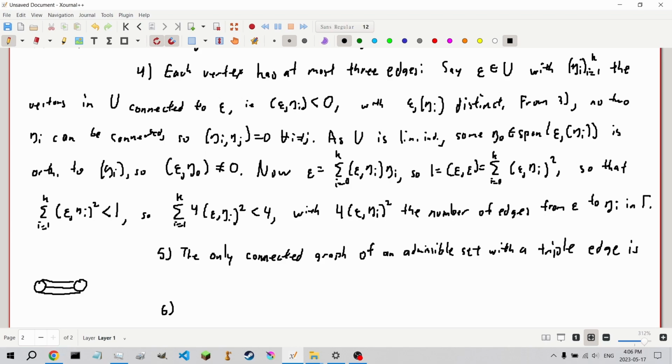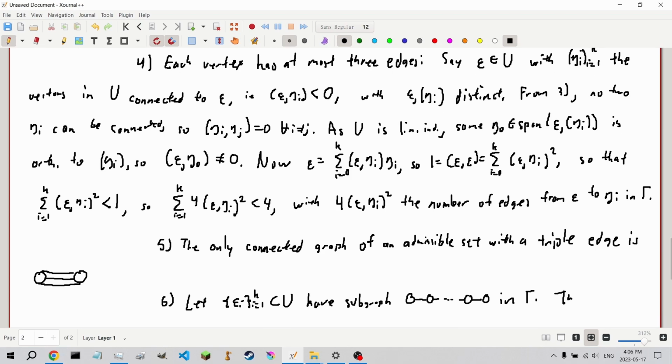Number 6 is, let's say, a subcollection of our admissible set epsilon_1 to epsilon_k inside of U generates a subgraph of the form A_1, as we saw, of just a straight chain in lambda.